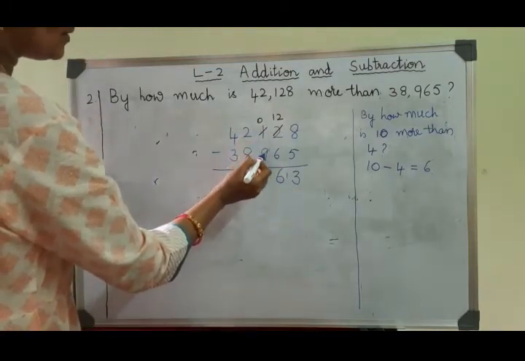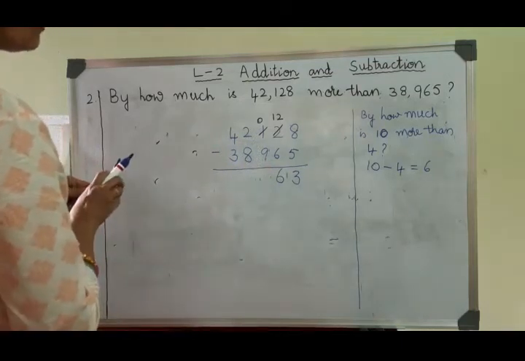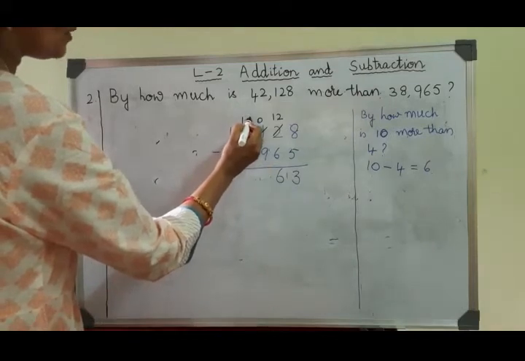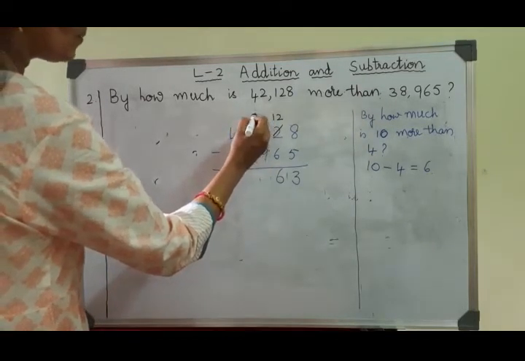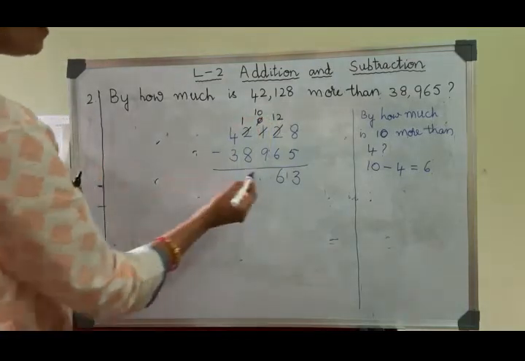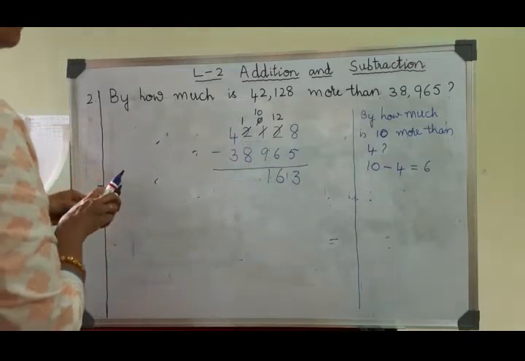Now 0 minus 9, you cannot subtract. So you have to borrow 1 from the thousands place. 2 will become 1, and this becomes 10. 10 minus 9, 1. Now you cannot subtract 8 from 1.